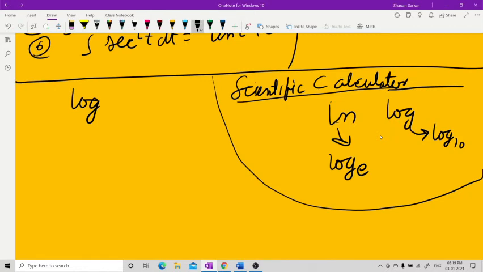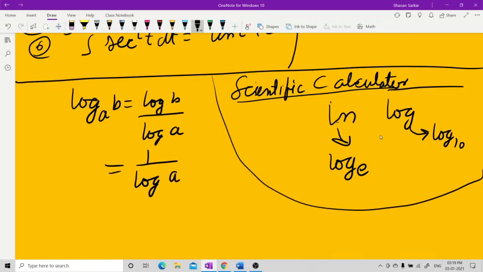Now log_a b is the same as log b by log a. This is 1 upon log a by log b. This is equal to 1 upon log_b a.